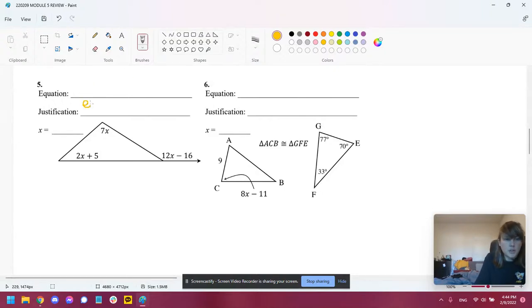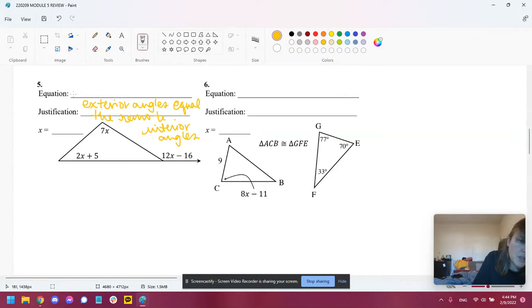This one, the justification is exterior angles equal the remote interior angles. I don't mind if you just write exterior angles, but this is the full answer.